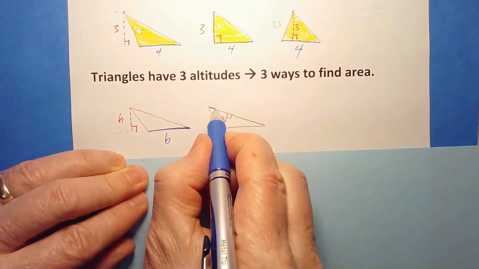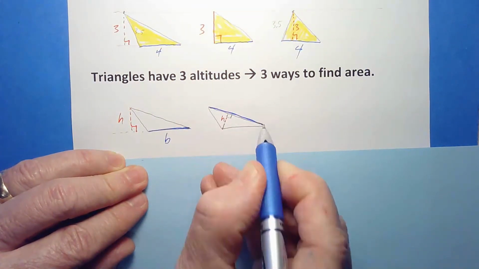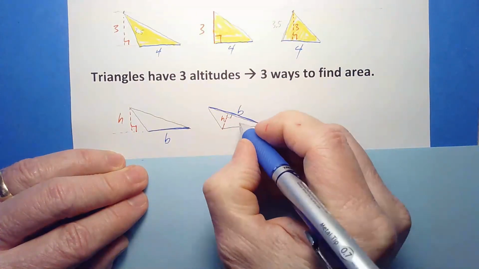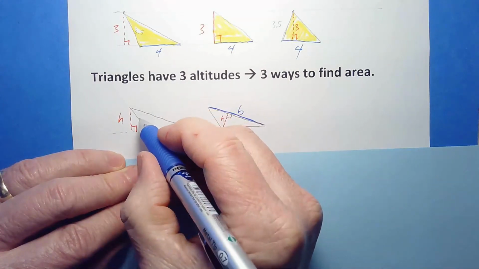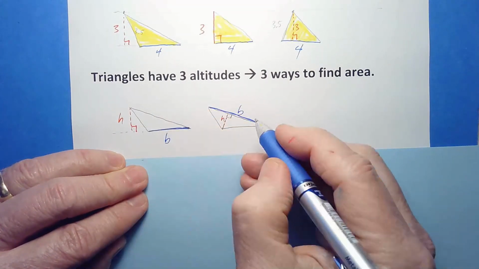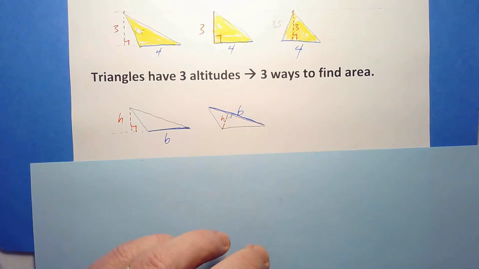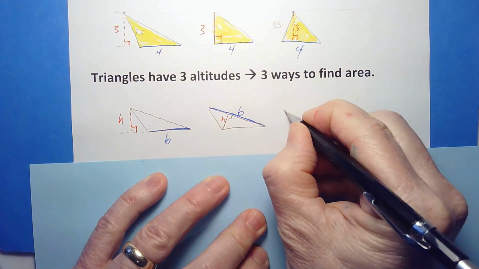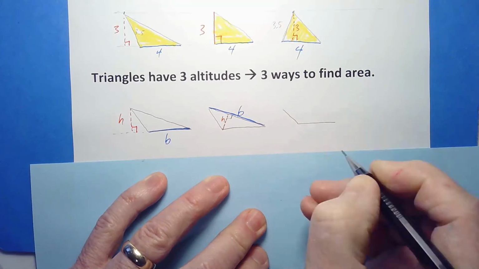I have to call this the base. This is now my base with regard to this height, right? So it depends which one you're calling the height in terms of which one you call the base and vice versa, right?